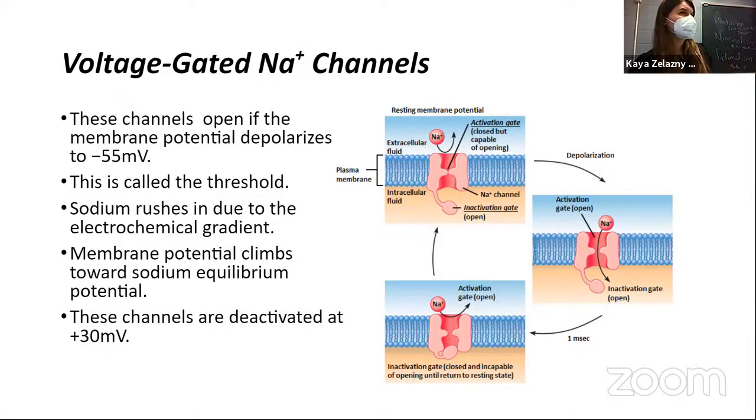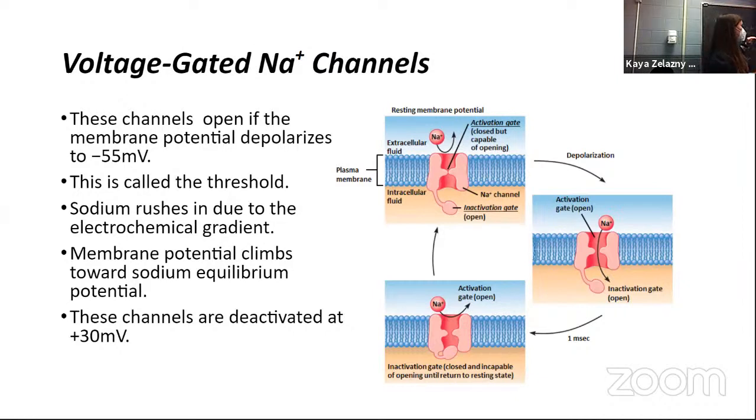However, sodium is huge for our action potential. I would consider sodium the most important thing for how our action potential works. What happens is when we reach our threshold of -55 millivolts, we're opening these voltage-gated sodium channels.